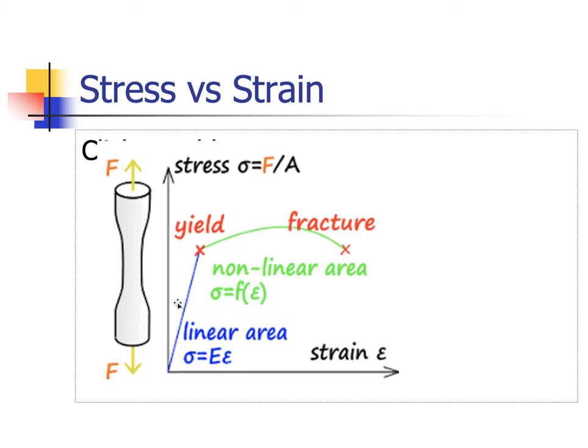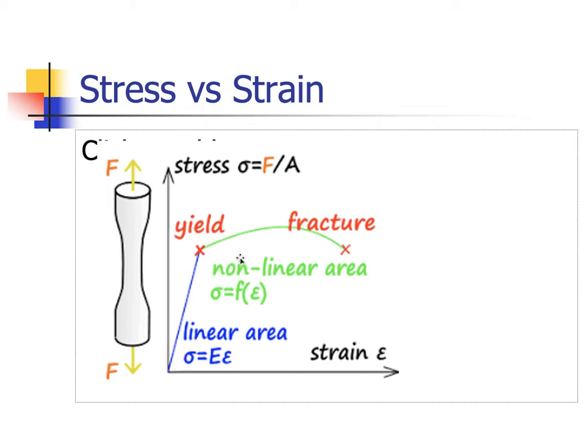So one other thing I want to point out to you, and they kind of say something about it here, but I'll give you an actual equation in a minute, is that the slope of this line is important. The slope of this line tells its stiffness or its elastic modulus. So if I were to take a piece of aluminum and this was a piece of steel, the aluminum would elongate kind of more like in this direction because it stretches a lot more under the same load.